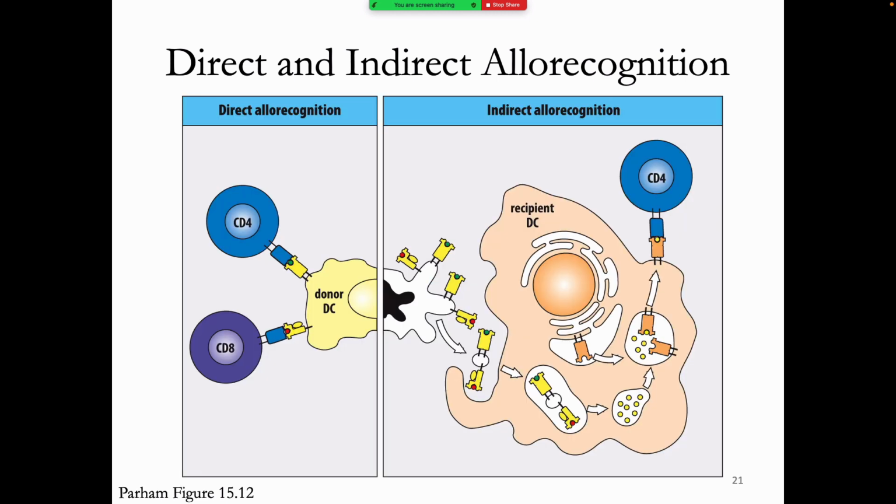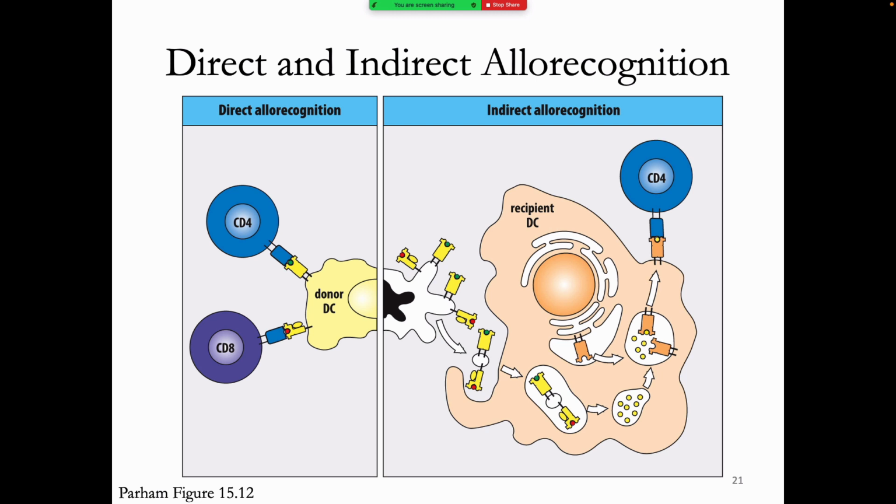You can see this here as well. We've got dead cells from our kidney that came in. They have their yellow MHC on their surface. That cell is going to be phagocytosed. That MHC is going to get inside. It's going to get degraded into yellow peptides.